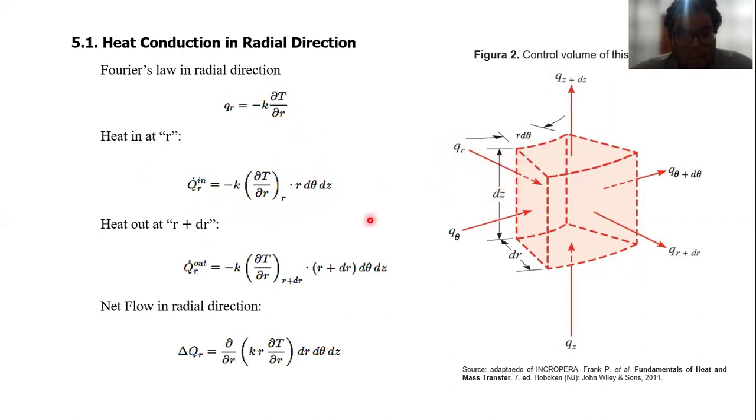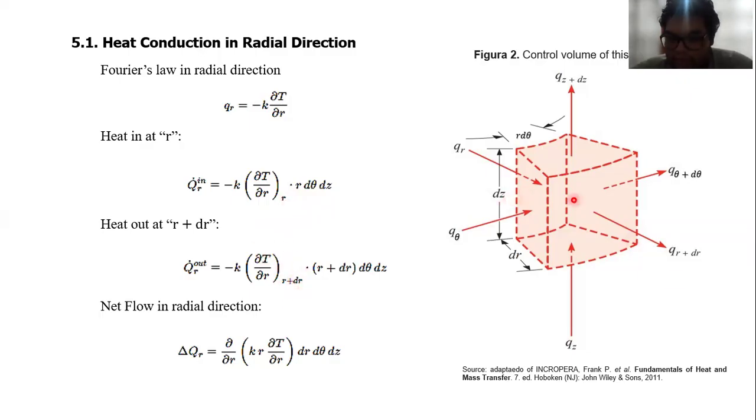On the other side, we have r plus delta r, which is passing through the control volume, something like before. So we have the Q out, the heat outlet. We have minus k times delta T over delta r, but here we analyze not just r but r plus delta r.